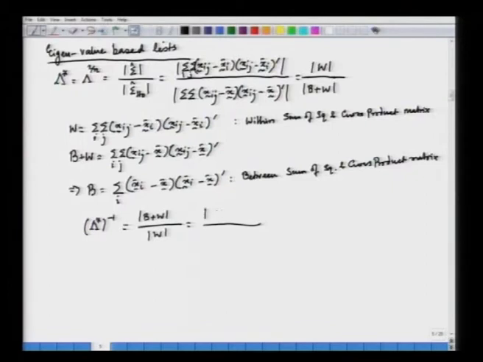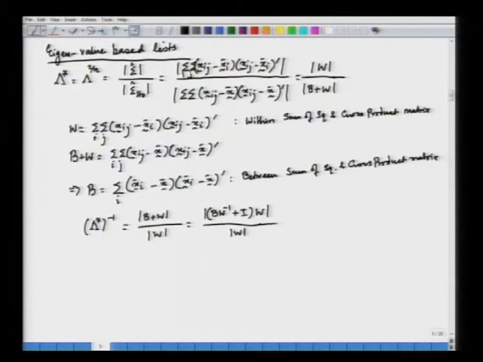We try to take out this determinant W common from the numerator. So, we post multiply by W inverse, and we have the identity here, so that W matrix is taken common in the numerator.